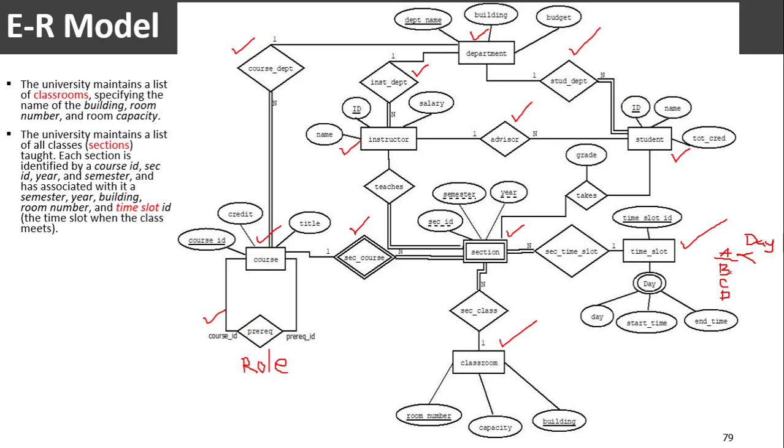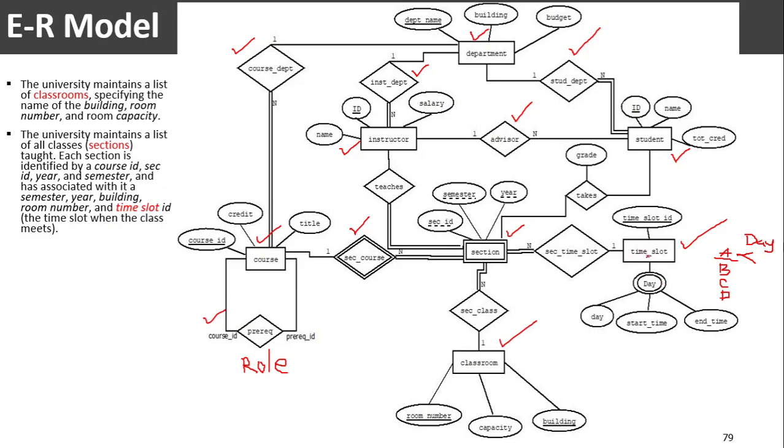So B would be on every day, so Monday, Tuesday and so on. So multiple days may have this slot, and that is why this day is shown here as multi-valued. Okay, so I hope you must have understood why such a design.